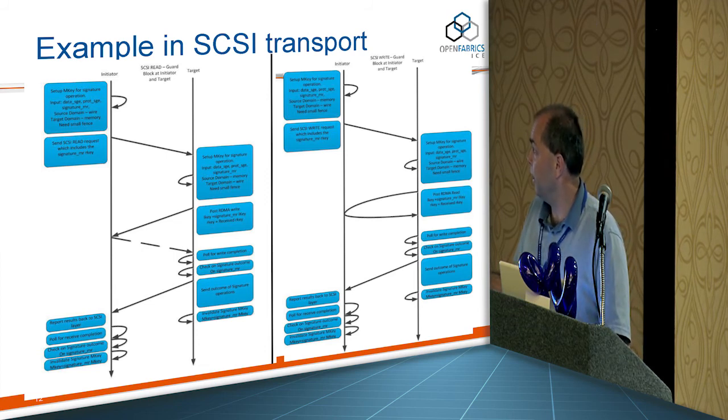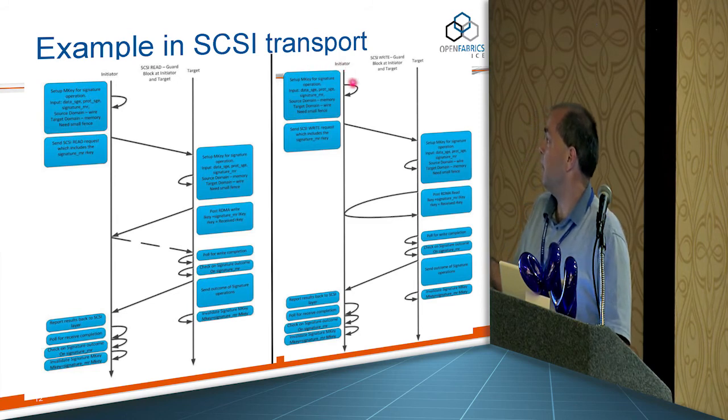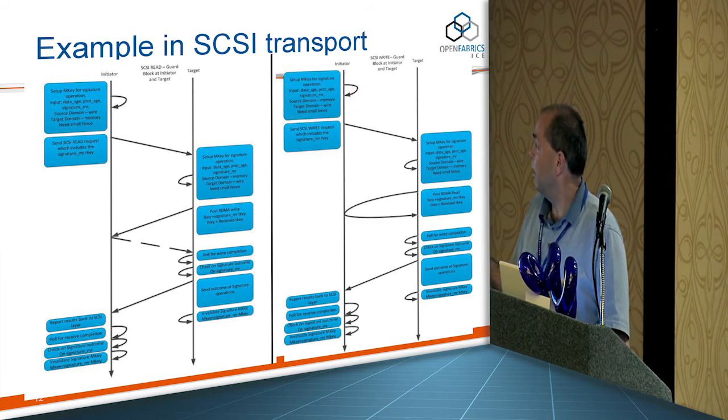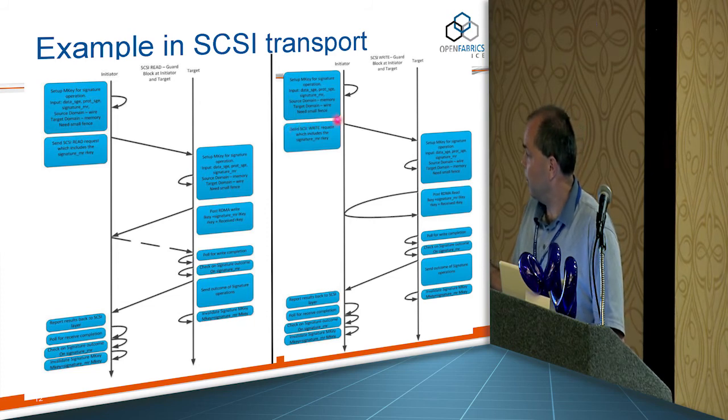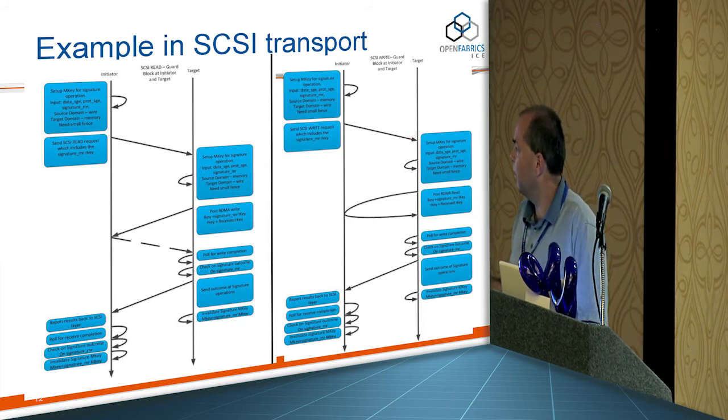Same thing on the SCSI write. Again, set up the memory keys for the memory protection. Send the information to the target. The target sets up its memory keys for receiving the data. Does a get on the data. Checks the outcome of the data to see whether or not it passed, whether the data was transferred correctly.